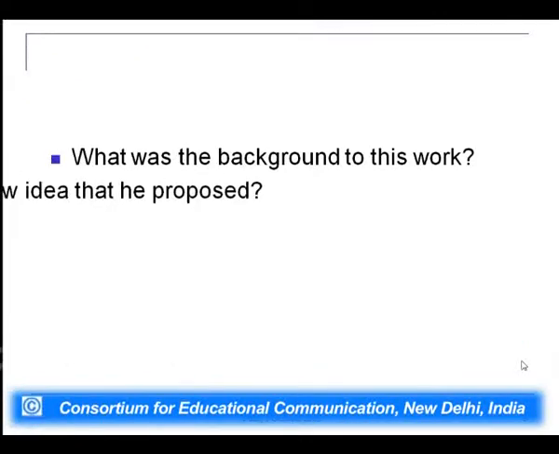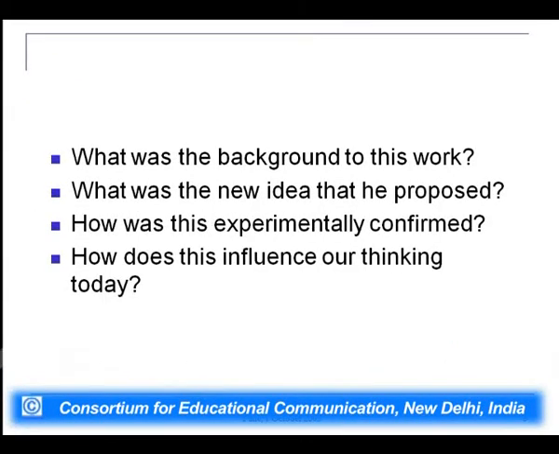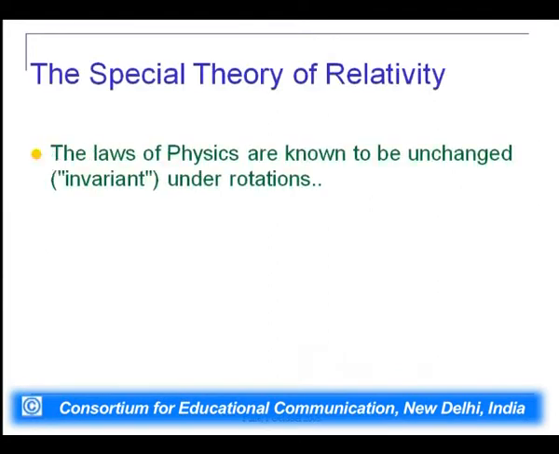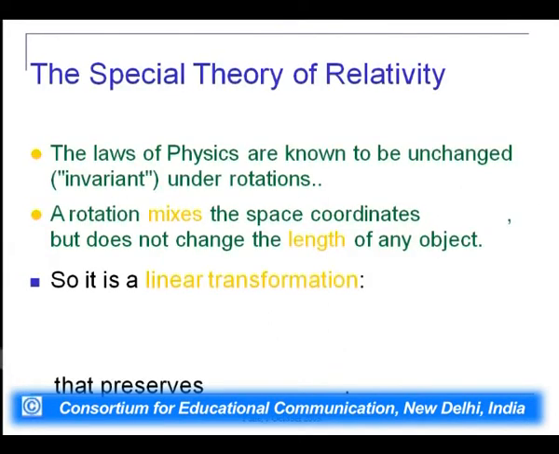He discussed the background of this work, the new idea he proposed, how experiments confirmed it, and how it influences our thinking today. In that paper he defined the theory of relativity, but the basic aim was to define the special theory of relativity.